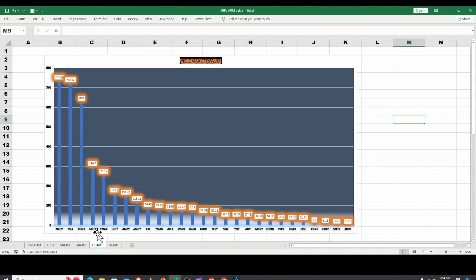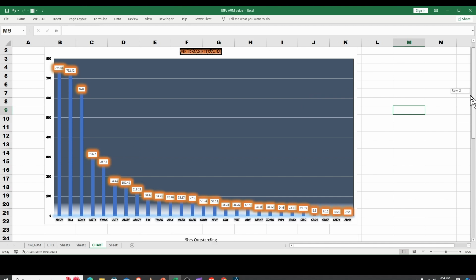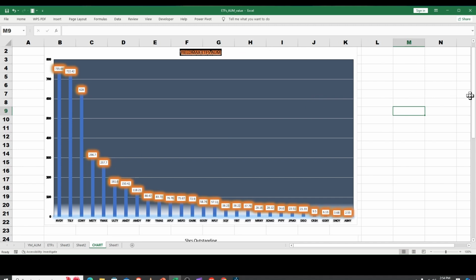And then I'll close this out with a couple of charts. So here's the ETFs' assets under management, right? You see NVIDIA, Tesla, Coney, Misty, YMAX. Those are your big five, followed closely by AMZ, AMD. And look at YMAG. Even though it's paying really well, it doesn't have as many people in it. So I find that kind of interesting.